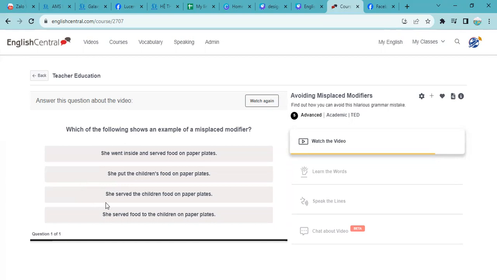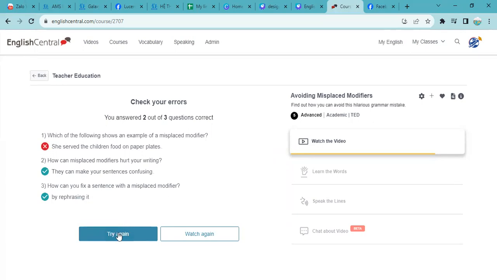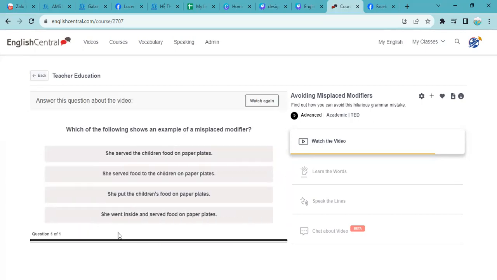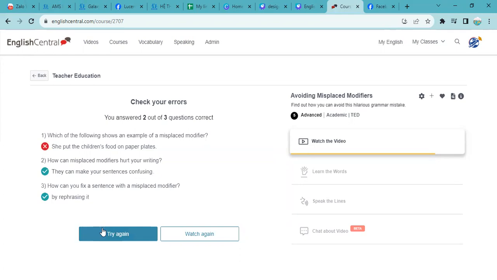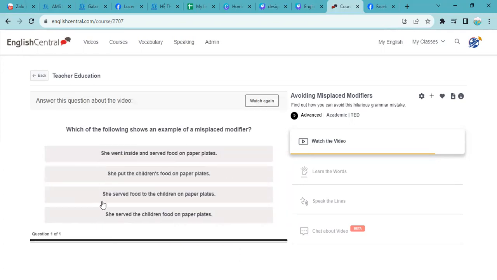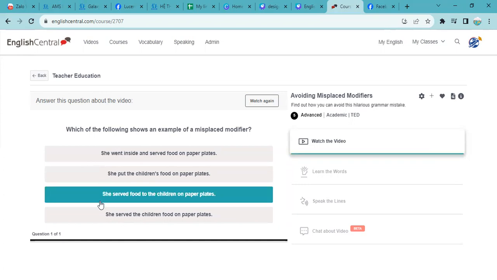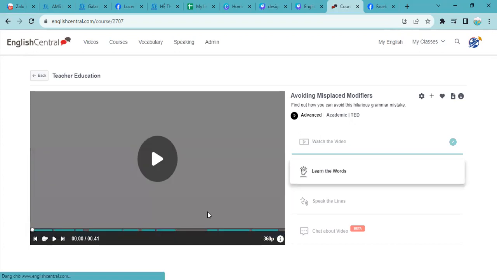She served children food on plate. Oh, she served. I really don't remember this. She served food on the children. She put the children on food plate. Oh, what is it? She went. She served food on children papers. By the way, luckily, let's keep moving.